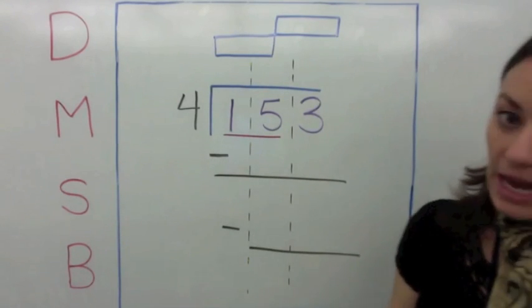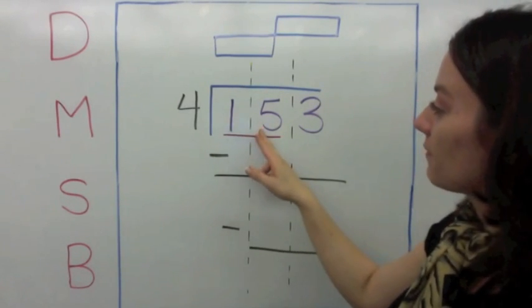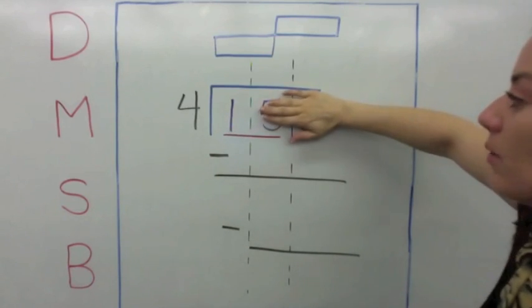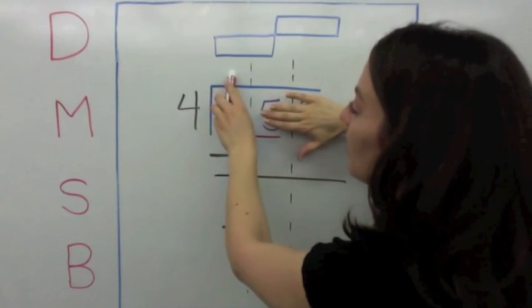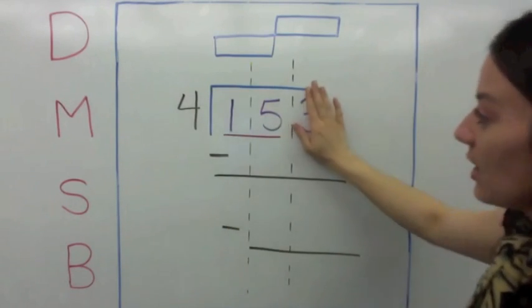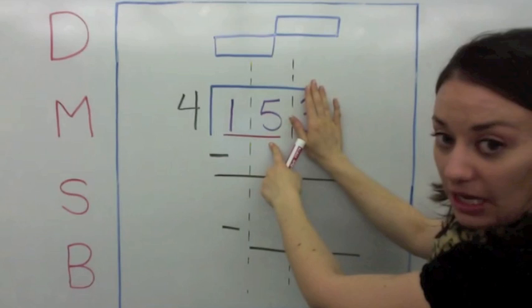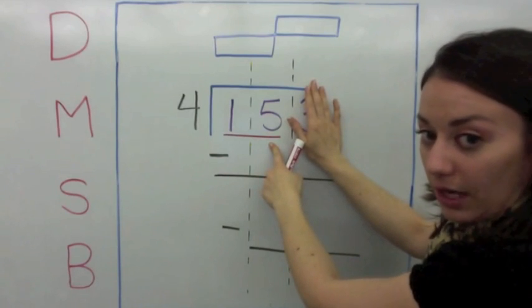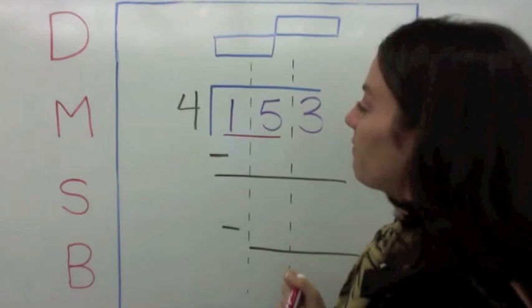So you're going to look at how many times does 4 go into 15? Because 4 cannot go into 1. You cannot skip count by 4 to get to 1, right? So this technically is a 0. But you can skip count by 4 in order to get to 15, can't you? You can, okay? So how many times does 4 go into 15? Or how many times can you skip count by 4 to get to 15?